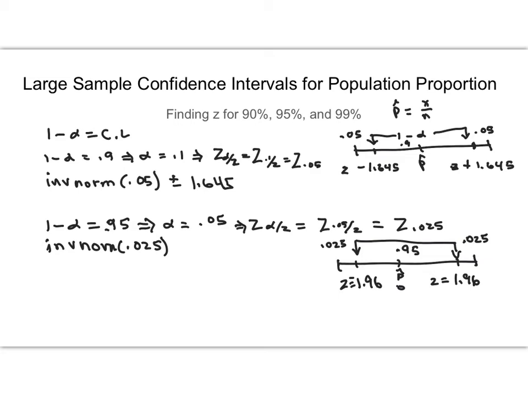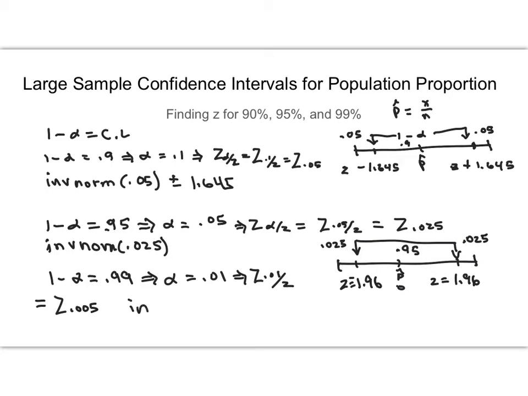The last common confidence level that we might want to find would be a 99% confidence level. In this case, alpha is 0.01, and z 0.01 over 2 is z 0.005.